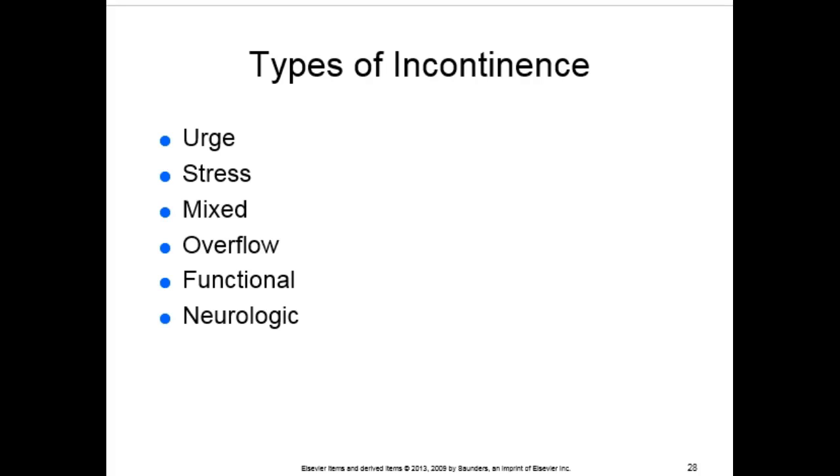Inability to reach the bathroom because of restraints, side rails, or an out-of-reach walker can also result in functional incontinence. And then neurological incontinence is caused by disorders of the neurological system such as multiple sclerosis or spinal cord injury.